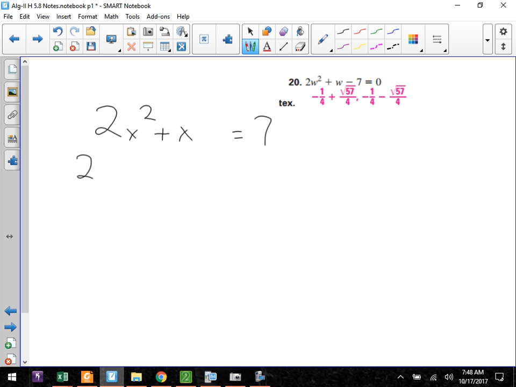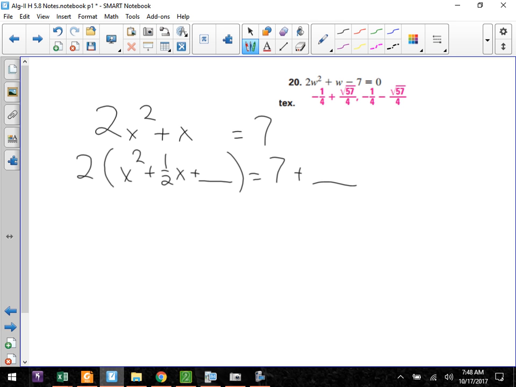Move your 7 first, okay? And then if you factor out the 2 on the one side, we get that. We okay with that? So when you take half of your b value, well, what's half of a half?